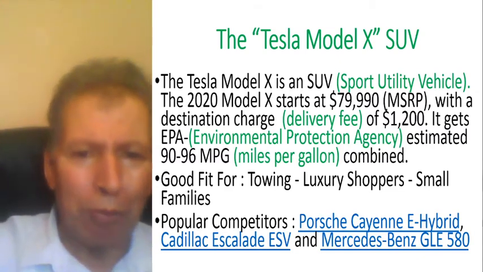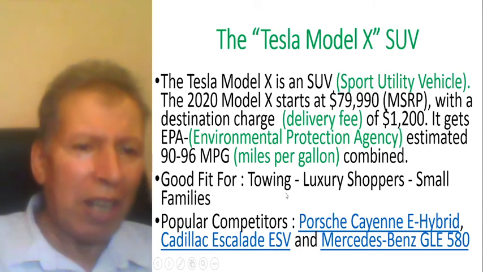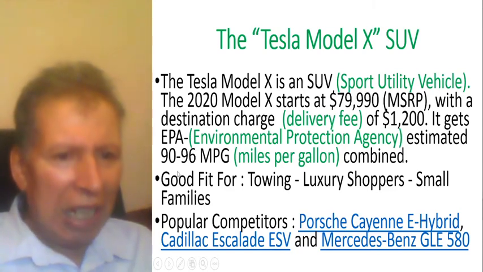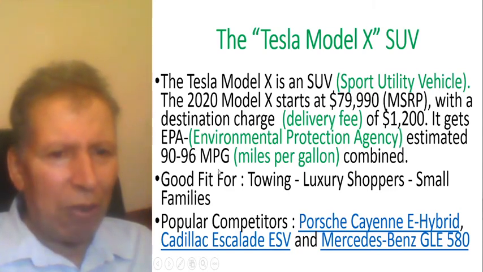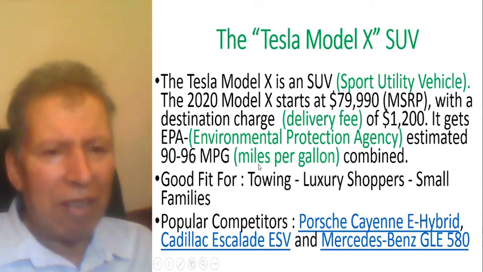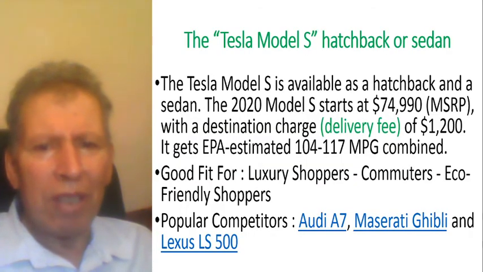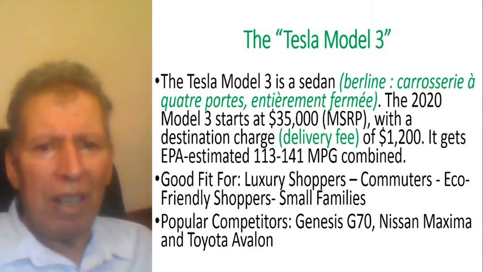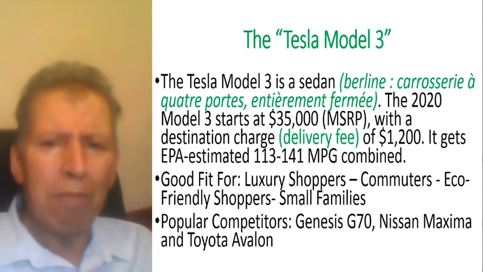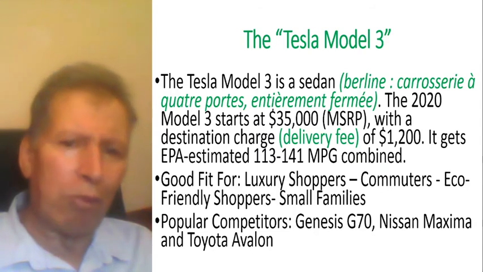Gallon في 4 لتر. 4 liters in a gallon. So 90 kilometers for a gallon. That's good. Let's see the other ones. The 117 miles per gallon for the Tesla Model S. And this one is 141 miles per gallon for the Tesla Model 3.